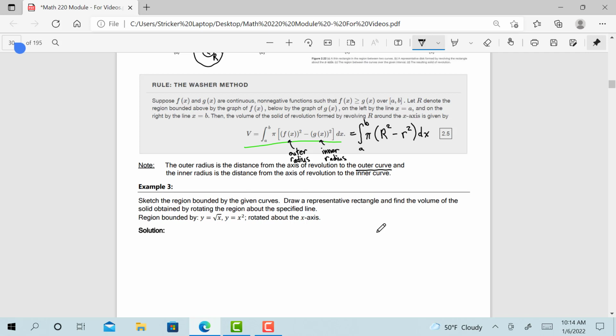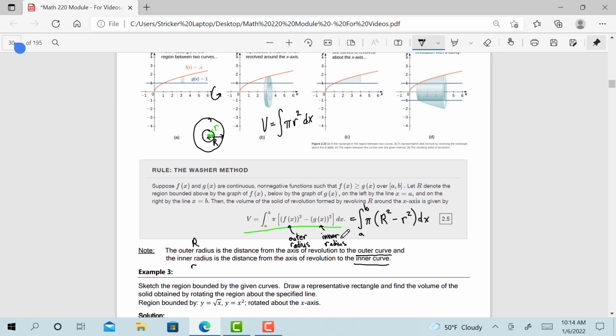And the inner radius, little r, is the distance from the axis of revolution to the inner curve. So if we look up here in figure 2.22 again, this distance here would be big R, and this distance here would be little r.